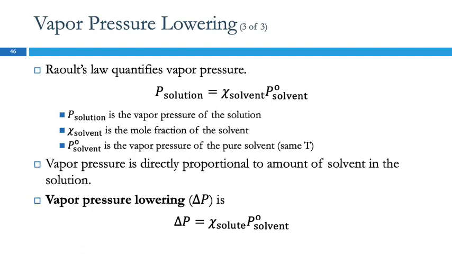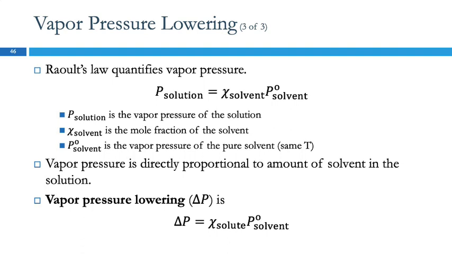Well, not the mass percent usually, but the mole fraction of the solvent. So this is the vapor pressure of the pure solvent, the mole fraction of the solvent, and this is the partial pressure of the solution.